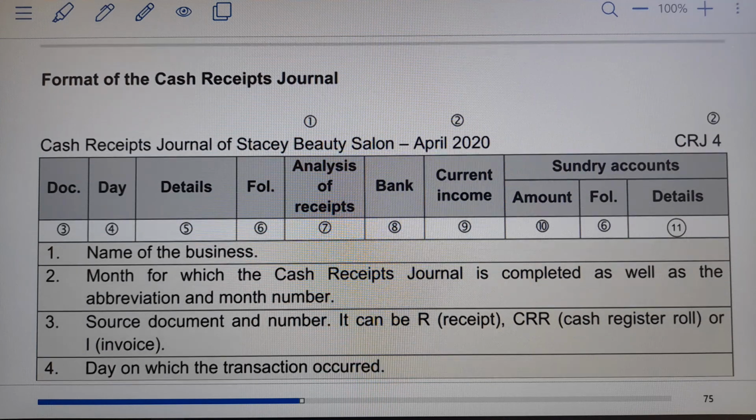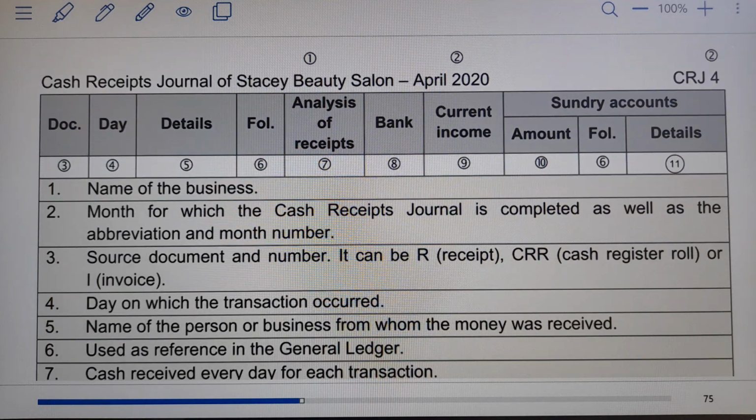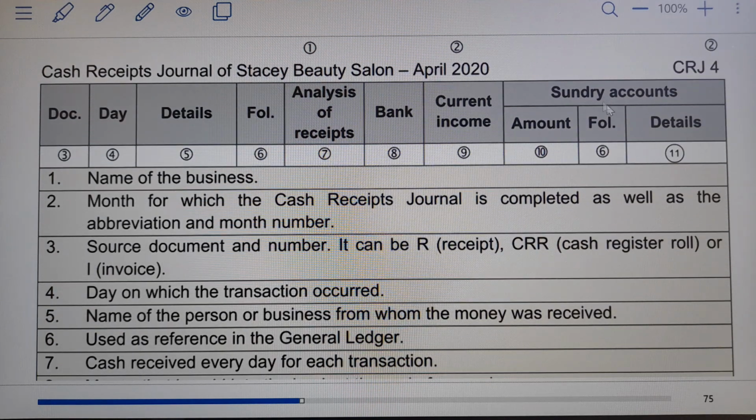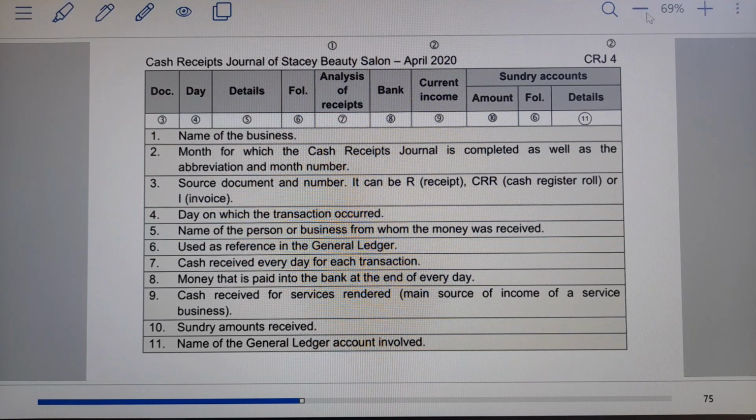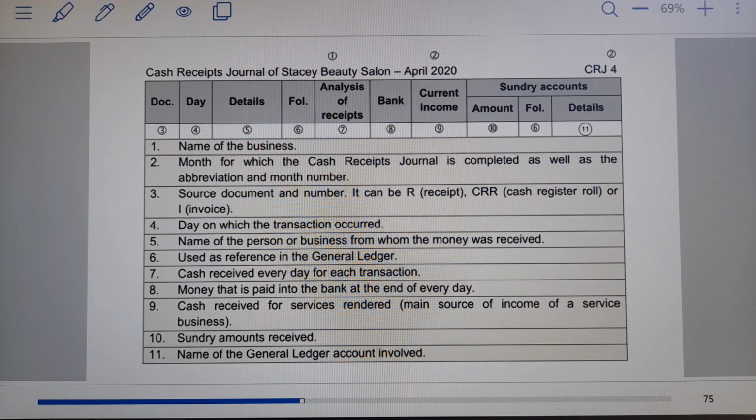Let me minimize it so that we can see the complete table. Yes, now we can see the entire table. It will be easy to explain.